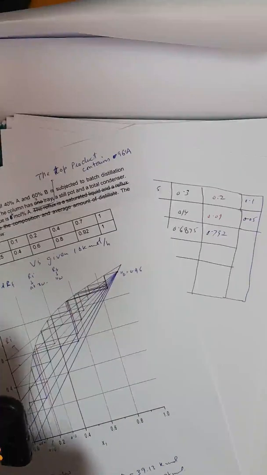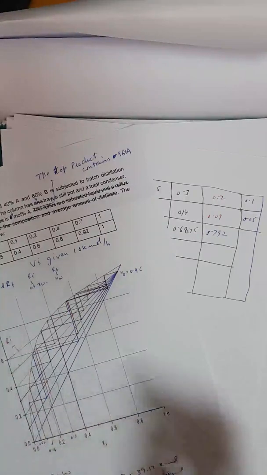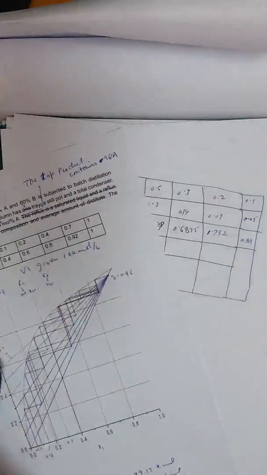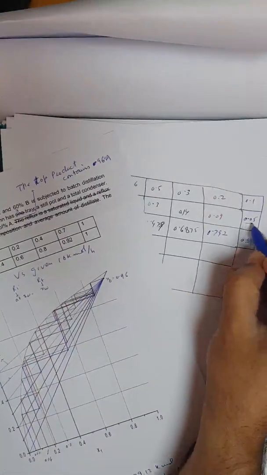So what we have now, the intercept is 0.1, so 0.96 minus 0.1 divided by 0.96, so 0.895, because this is at final XW.